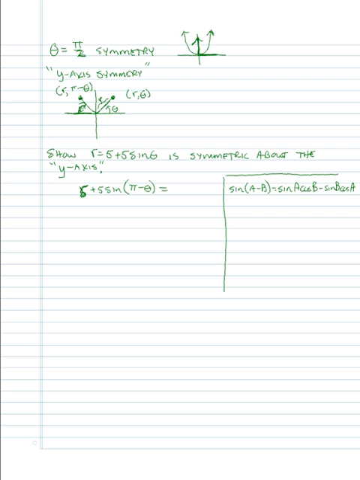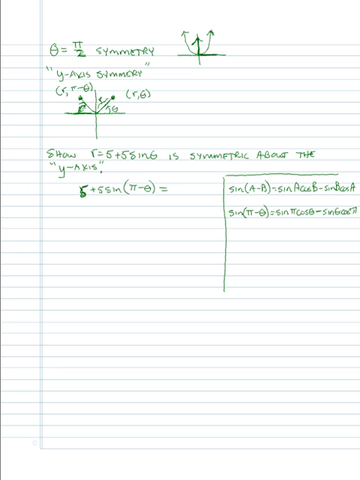So as we apply this identity, let me make sure I have enough room this time. Sine of pi minus theta, according to this formula, would be the sine of pi times the cosine of theta, and then minus the sine of theta times the cosine of pi. I'm sorry that I've got that so scrunched up.